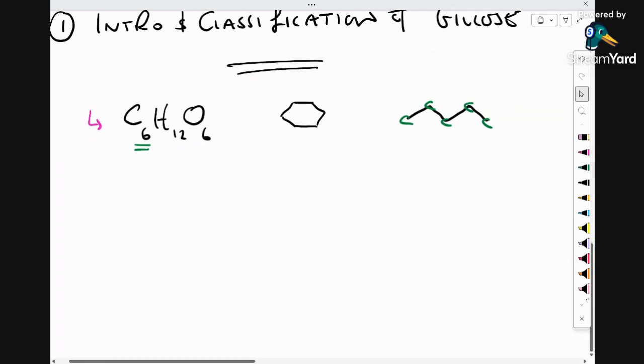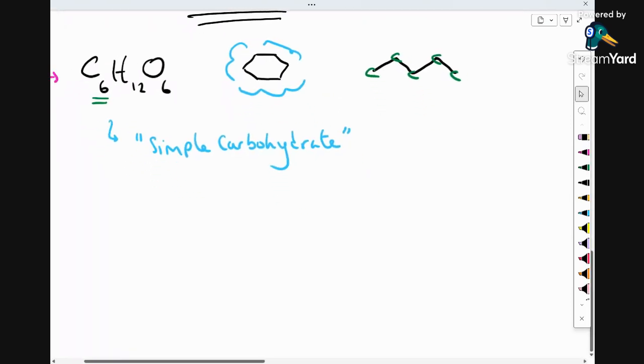Because this exists on its own, its own structure as shown by the hexagon, we call this a simple carbohydrate. And the posh word for this, meaning that it exists as a monomer on its own, is a monosaccharide.